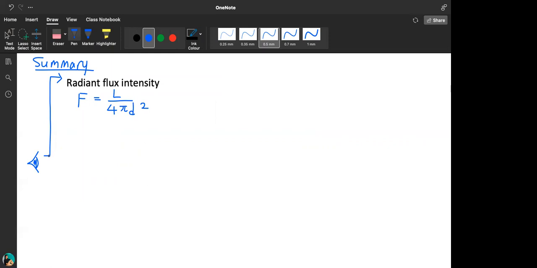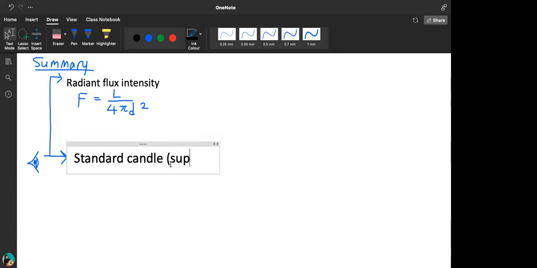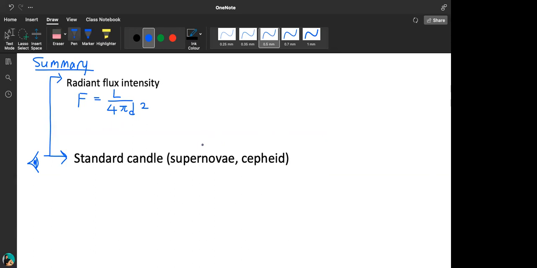And then what else we can see is standard candle. Standard candles are objects that we know the luminosity of. We got 2 types: type 1a supernova and the Cepheid star. These are the 2 that we learn. We can get the luminosity from these 2, so these 2 relate back to this luminosity here. So we can get this L from here.